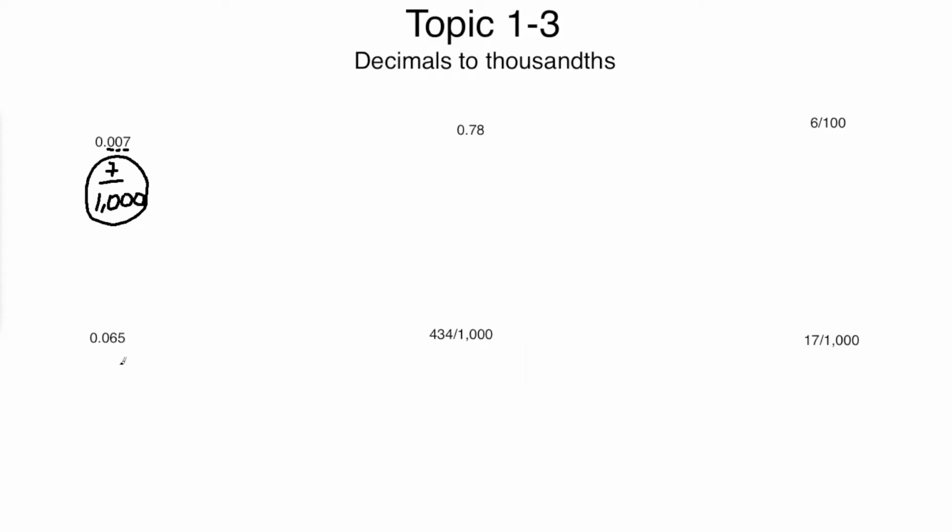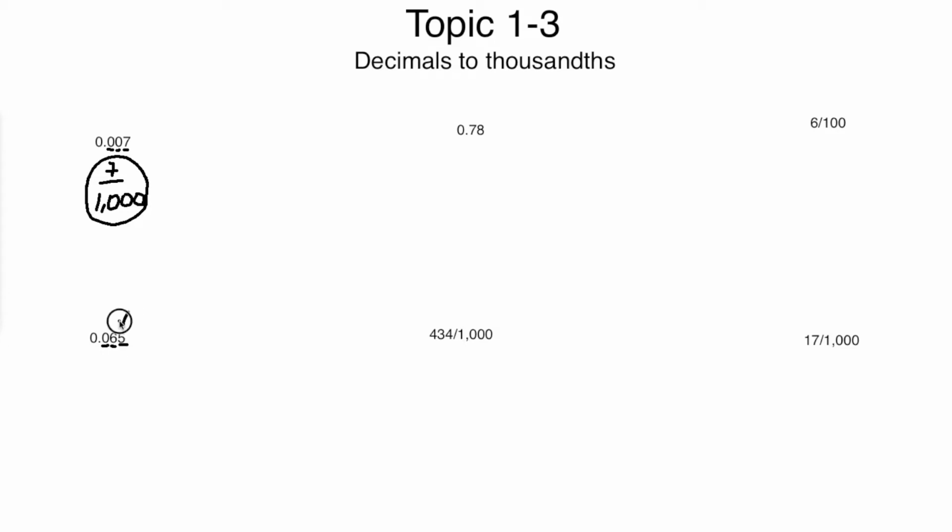Now, go ahead and push pause and see what fraction you come up with for this number. Okay, there's nothing in the tenths place. There's a 6 in the hundredths place and a 5 in the thousandths place. So, how do you say 6, 5? Normally, 65, right?